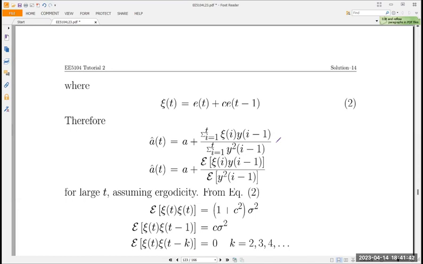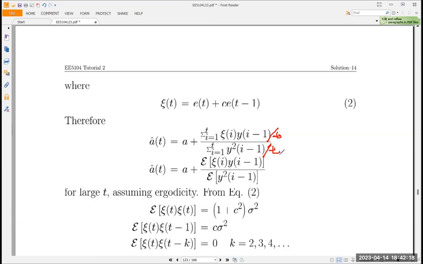So assuming large T and the system is ergodic. Ergodic means basically finding the expectation is the same as finding the time average. So this is a summation up to T, and T is large. If you divide the numerator and the denominator by T, you have not changed this expression at all. Now you are finding the average of this and the average of this.